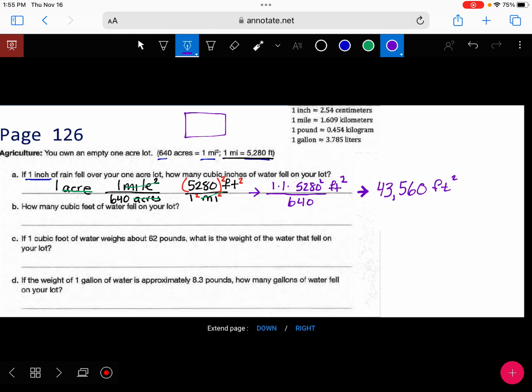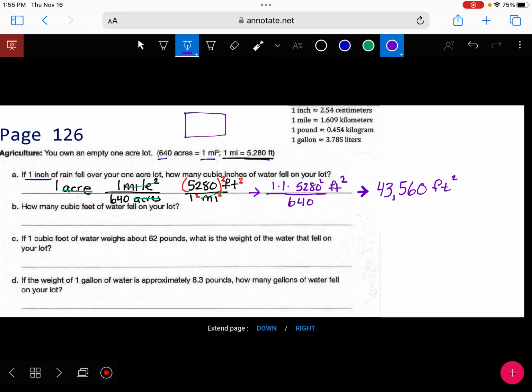And we get 1 inch of rain. And we're asked to find how many cubic inches of rain we have. We're going to take our area times our height. So we need them to be in the same unit. So we found our area in square feet. Now we're going to need square inches in order to find our inches cubed.